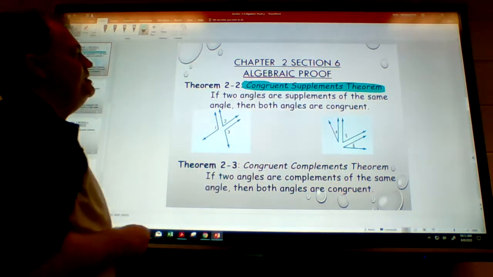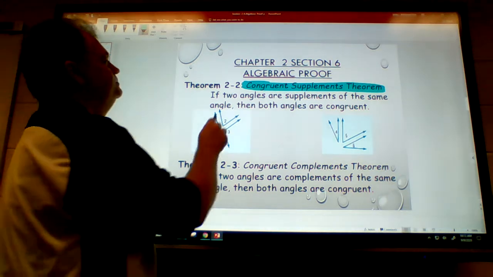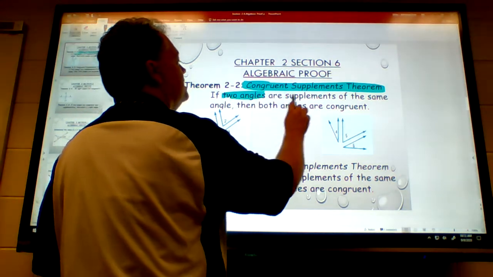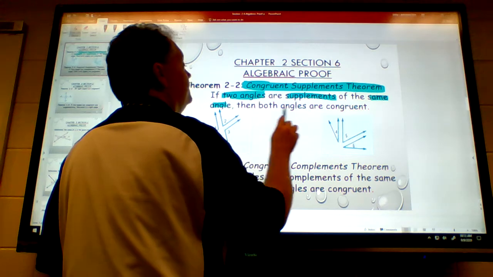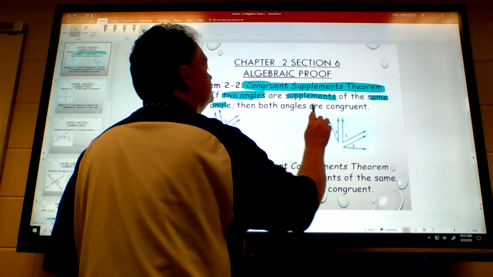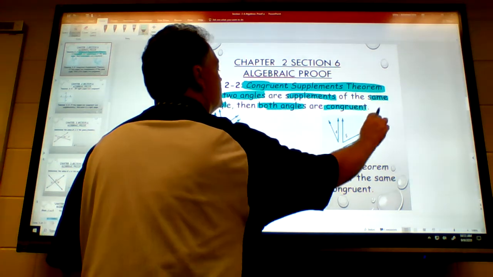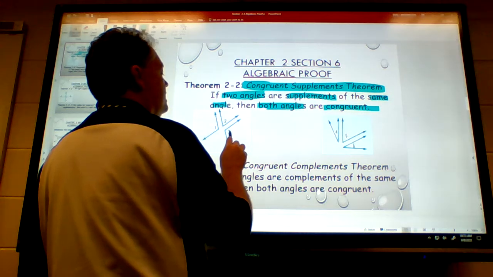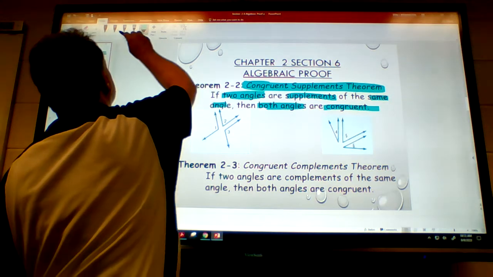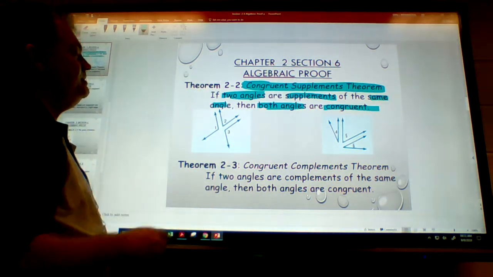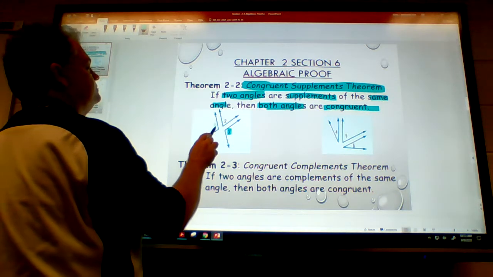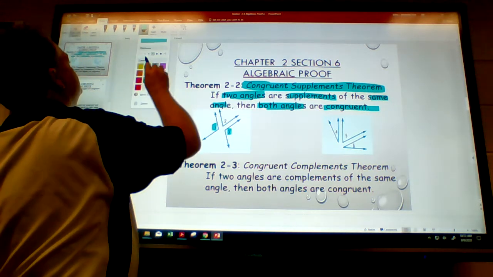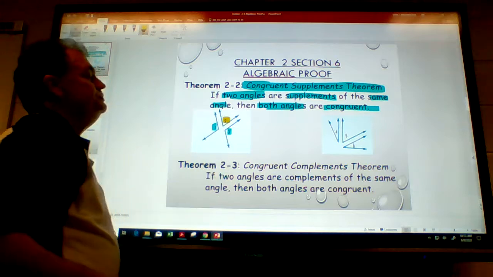The congruent supplements theorem says if two angles are supplements of the same angle, then they are congruent. So right here, angles 1 and 3 are both supplementary with angle 2.